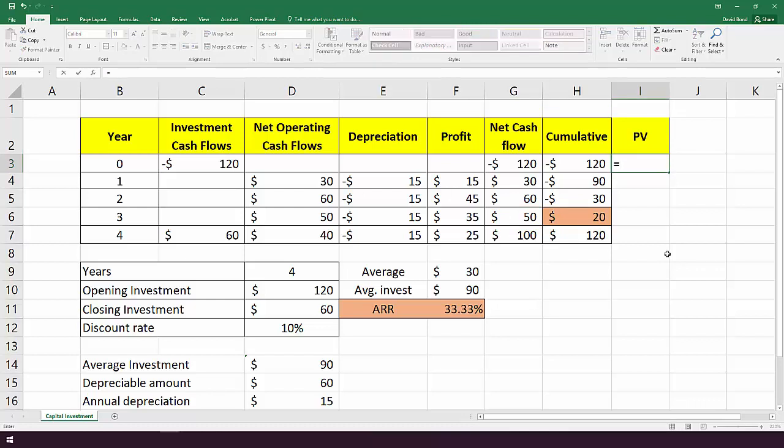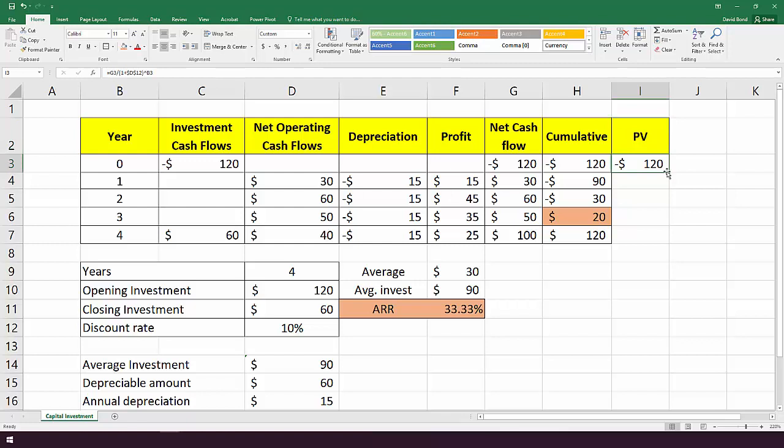The present value is the cash flow, and we're going to be worried about these net cash flows, divided by 1 plus the discount rate to the power of however many periods it is. So for T0 cash flows, it'll be to the power of 0, which gives us 120.